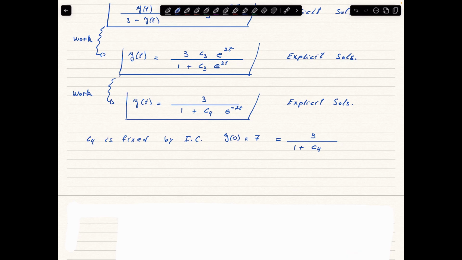And now from here you get C4. There has to be some work to be done, but you're gonna end up that after some work, C4 is actually minus 4/7. Cool.